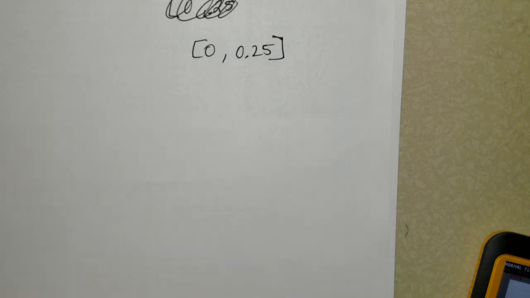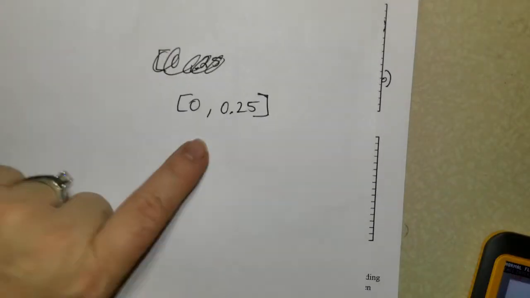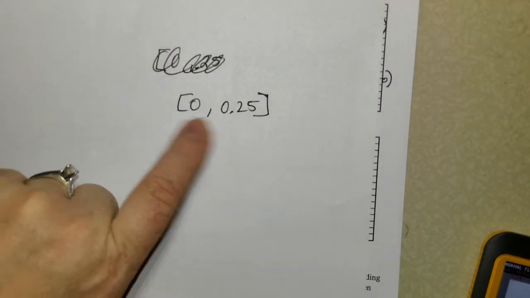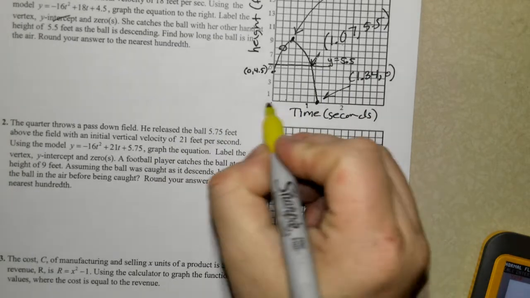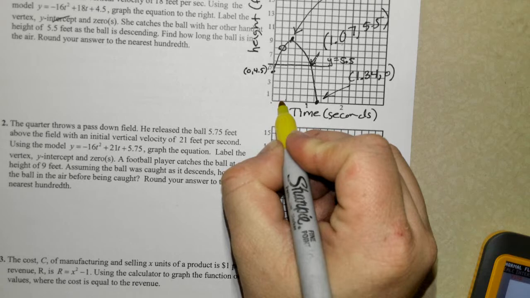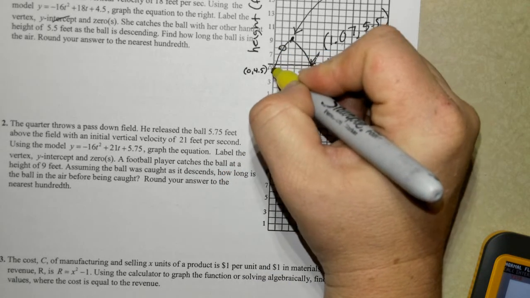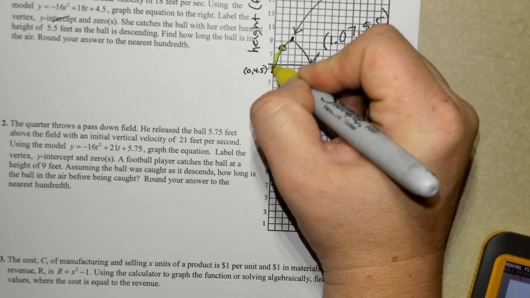What is the rate of change over the interval from 0 to 0.25? Now, I want you to make sense of that because otherwise that's just hard to do. That means this is only in terms of x values of intervals. So from 0 to a quarter. So here's 0, here's 0.2, I want 0.25. So I want to know from here to here, what is the rate of change?